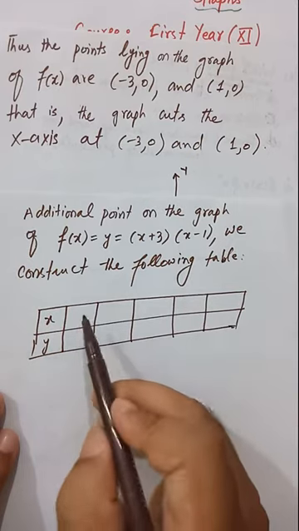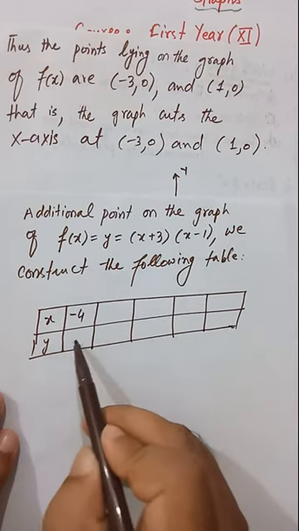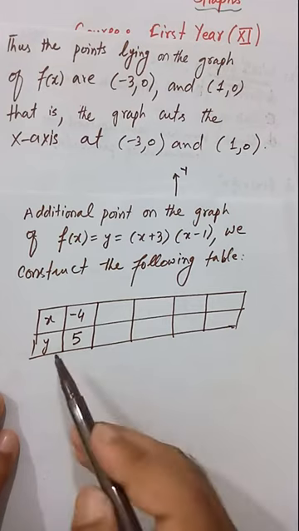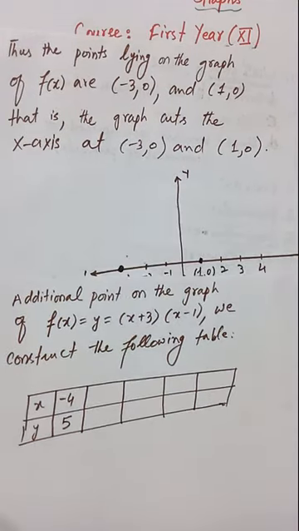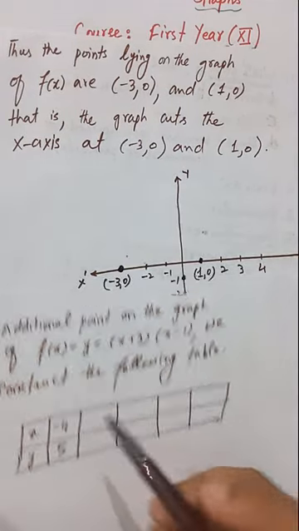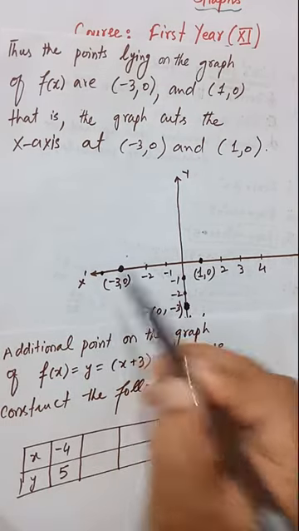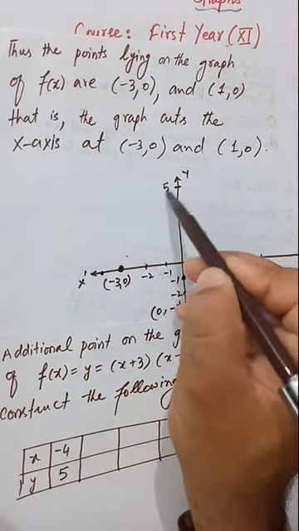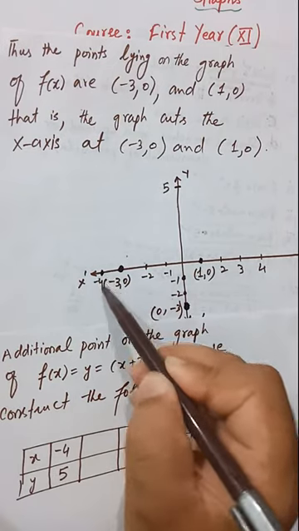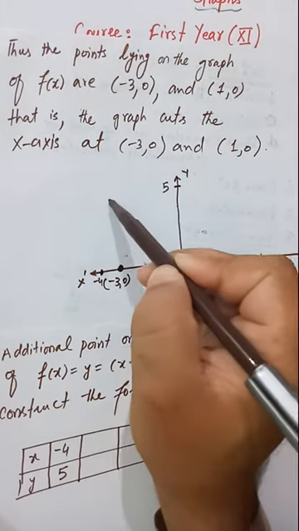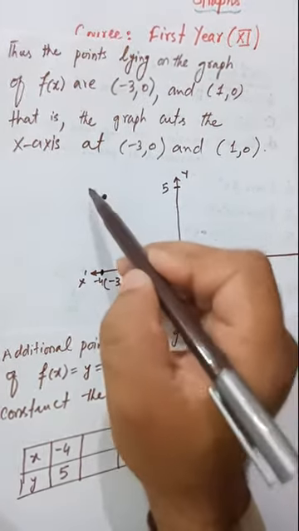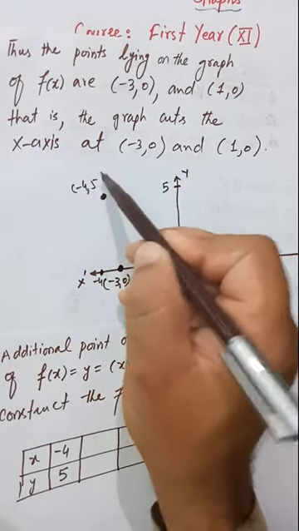Let's say when x is equal to -4, the value is 5. So from here you get an ordered pair: when x is -4, y is 5. This is (-4, 5).